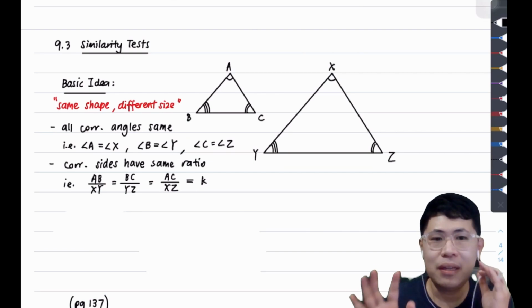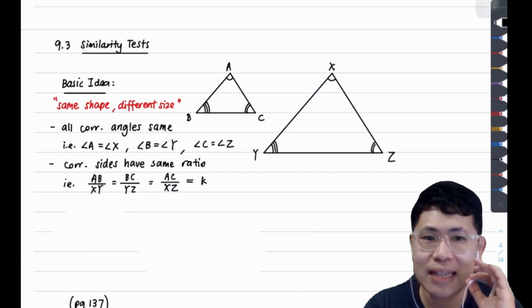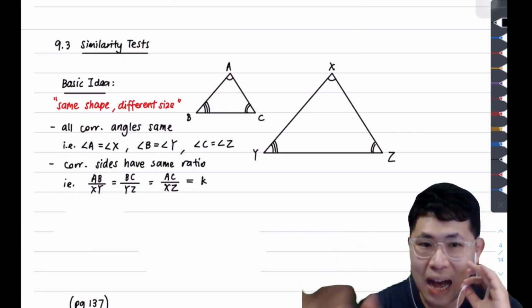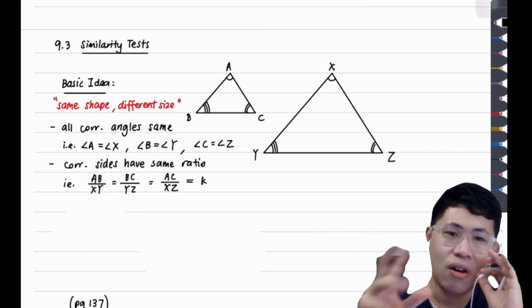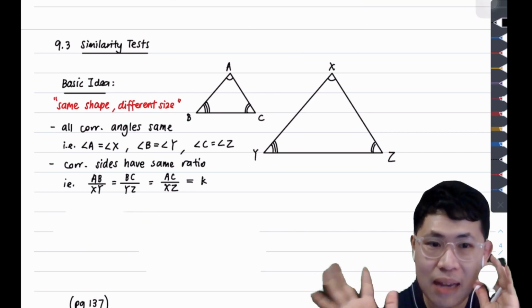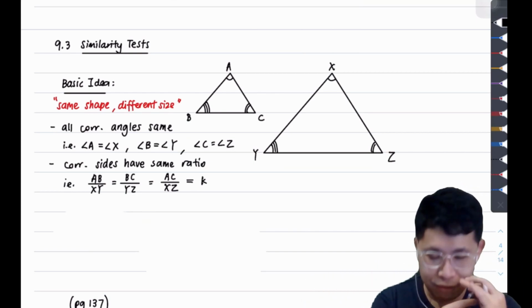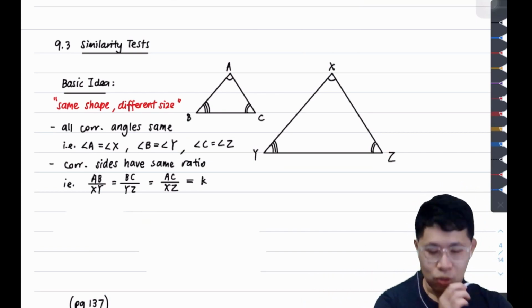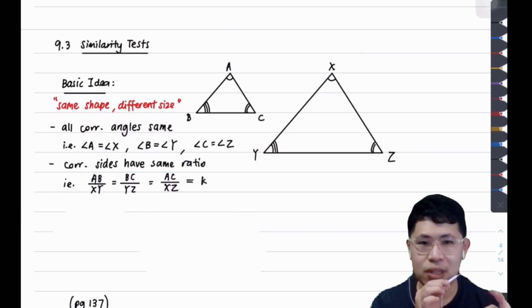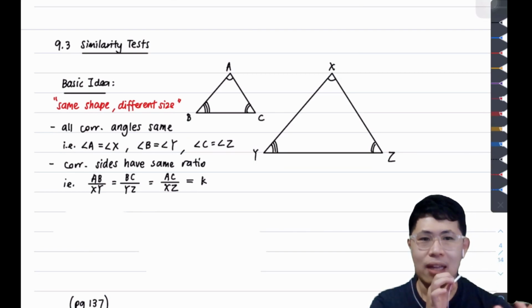It's a little bit different from congruence where all the corresponding sides are equal. For this case, all the corresponding sides have the same ratio. A bit different.